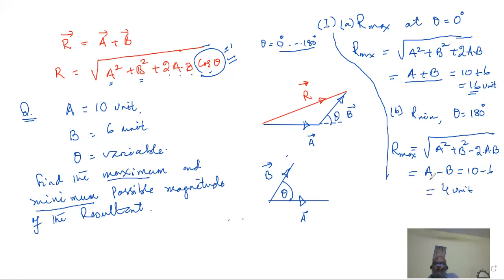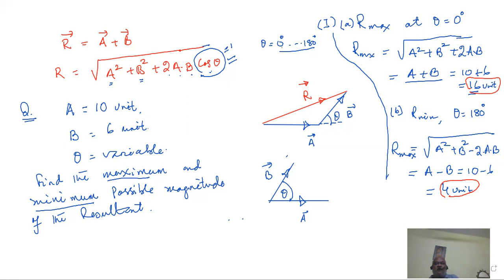Our procedure was to employ the relationship that we just obtained. The resultant under any condition will lie between these two values. The smallest is 4 and the greatest is 16. Okay. So that is one of the approaches.